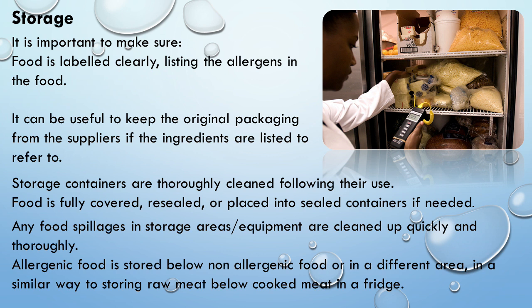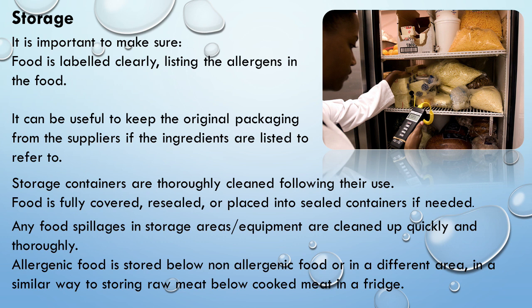Storage. It is important to make sure food is labeled clearly, listing the allergens in the food. It can be useful to keep the original packaging from the suppliers, if the ingredients are listed, to refer to. Storage containers are thoroughly cleaned following their use.